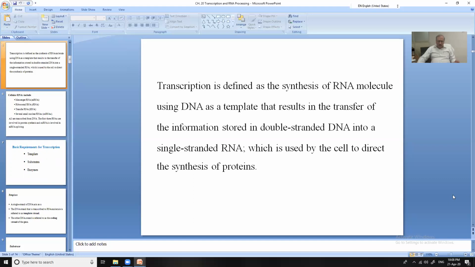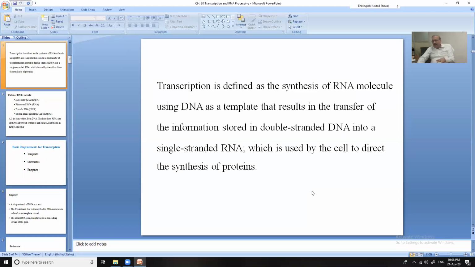You know that DNA is a double-stranded molecule and RNA is a single-stranded molecule. The sugar is deoxyribose in DNA and it is ribose sugar in the RNA, and the base thymine is not there in the RNA. It is uracil in the RNA and it is thymine in the DNA.